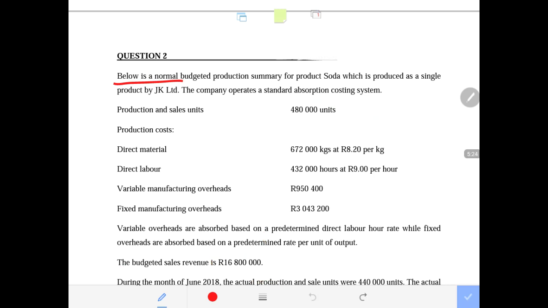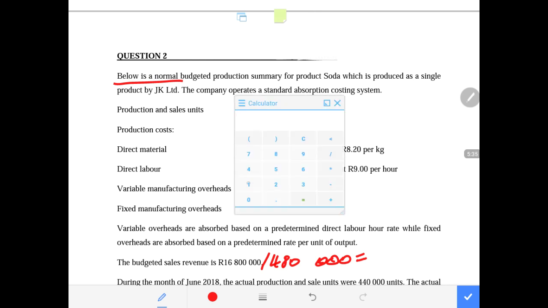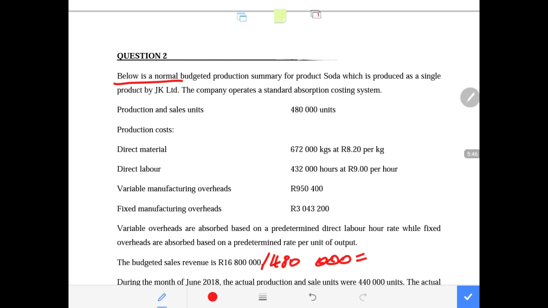So now that means our selling price per unit will be the 16,800,000 rands divided by 480,000 units, and we get to know that our budgeted selling price is 35 rand per unit, such that the total sales revenue is 16,800,000 rands.